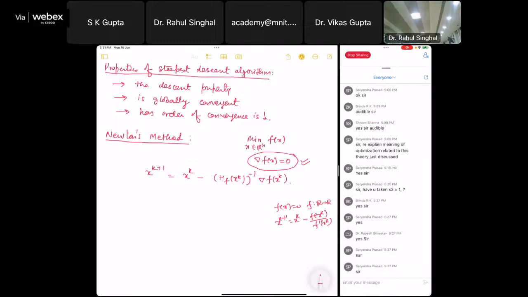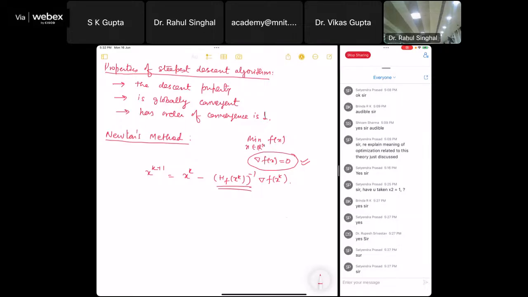Here, if you replace this by Rn, this f dash will become a Hessian matrix. So it is the same type of technique that we have learned in Newton's method. But the limitation of this method is that the Hessian matrix must be invertible. If it is not invertible at each xk, this method is not applicable.